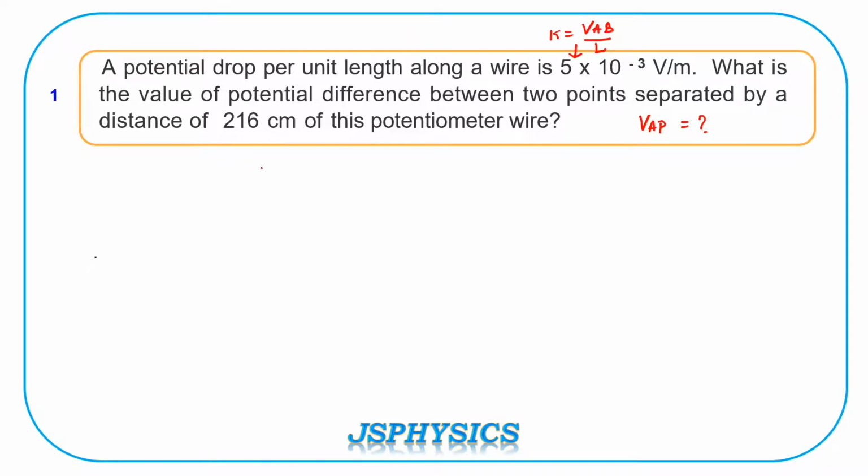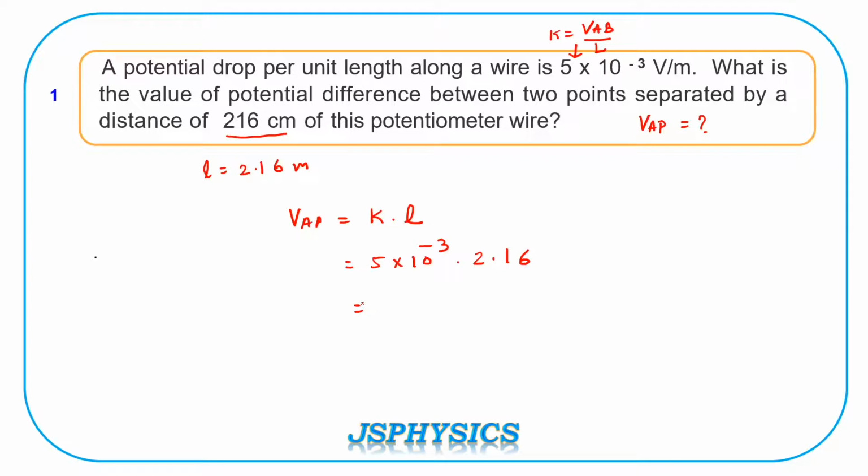And that's separated by a distance of 216 centimeter. That means L is given to you. That is 216 centimeter, which is equivalent to 2.16 meter. So directly we can apply the formula VAP is equal to K into L. Or I can write 5 into 10 raised to minus 3, which is the value of K, into 2.16.